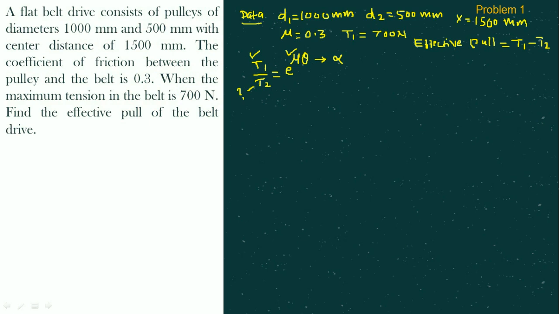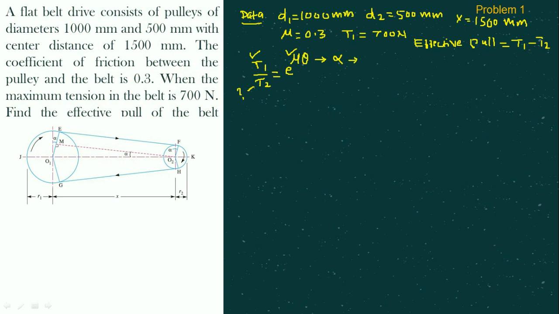What is this alpha angle? Let's see from a diagram. From the diagram it's very clear. If you consider the triangle O1, O2 and M, O2M is parallel to EF. So sine alpha is equal to O1E minus O1M.